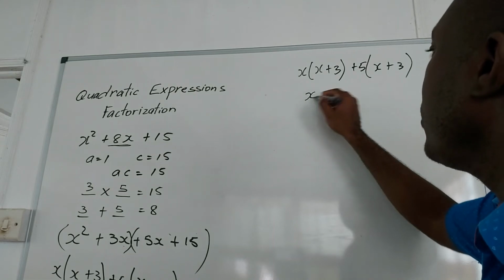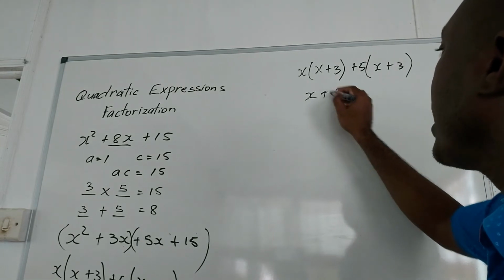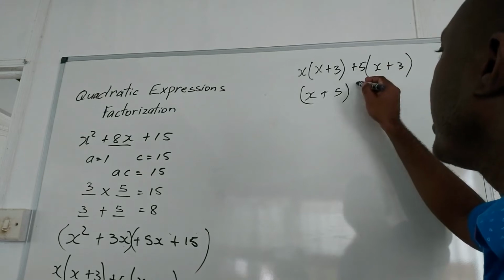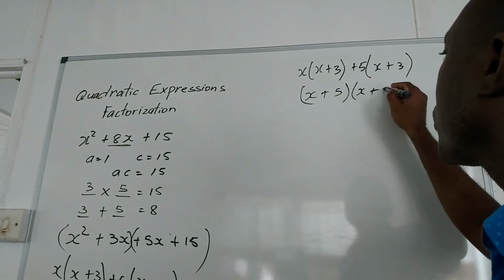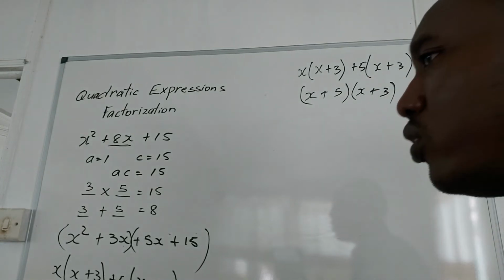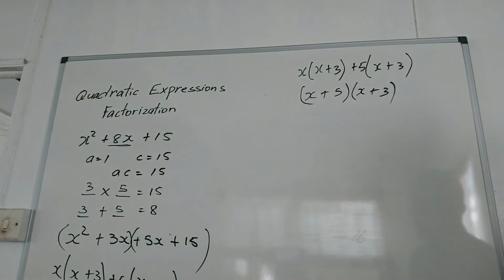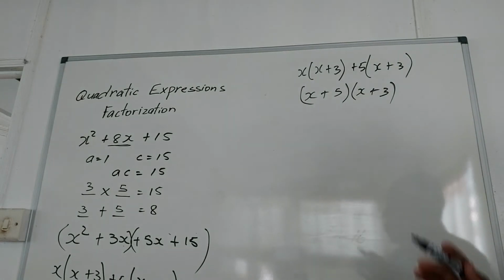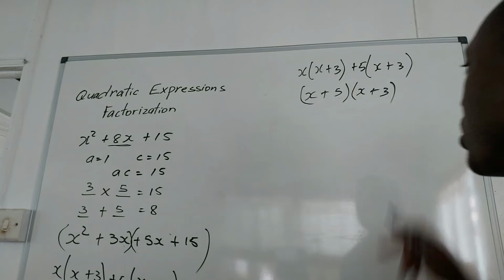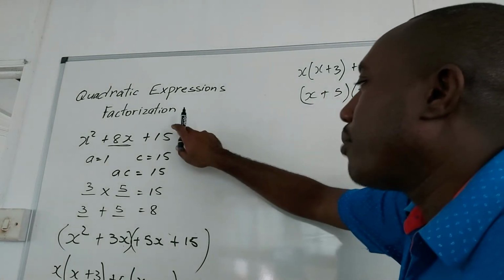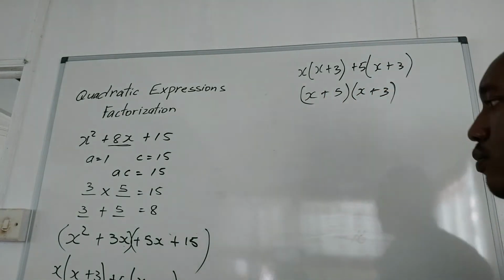So we have x plus 5, that's our factors, and then we write back x plus 3. To check if it's correct, you can multiply it like when we were doing the binomial expressions, and we will get back our quadratic expression.